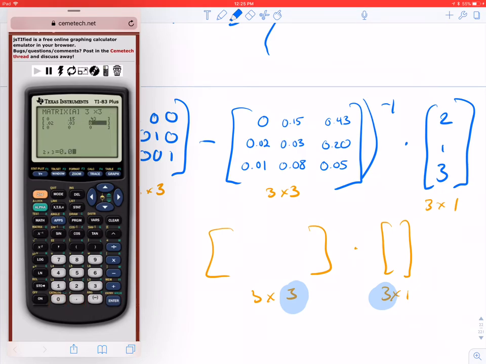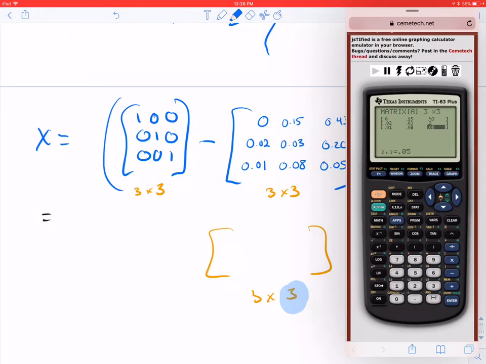So then you have to do the best you can. I almost made a mistake right there. 0.2, 0.1, 0.08, and 0.05. Okay, so let me look at it one more time. 0.15, 0.43, 0.2, 0.3, 0.2, that's fine. 0.1, 0.08, 0.05, okay.